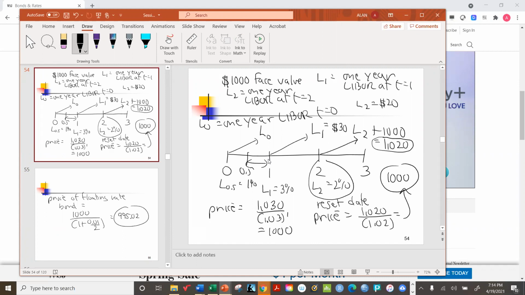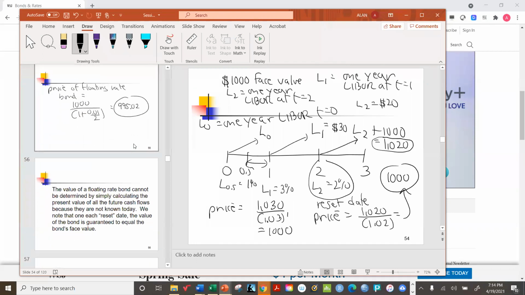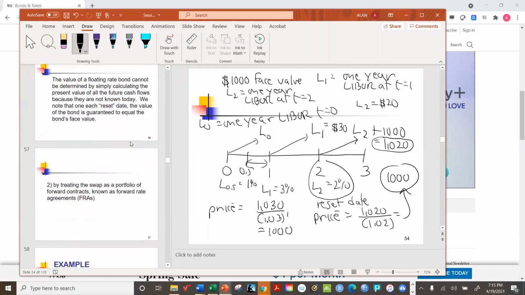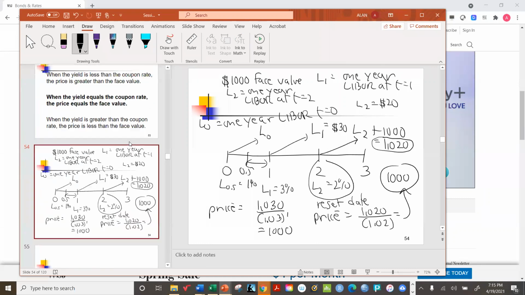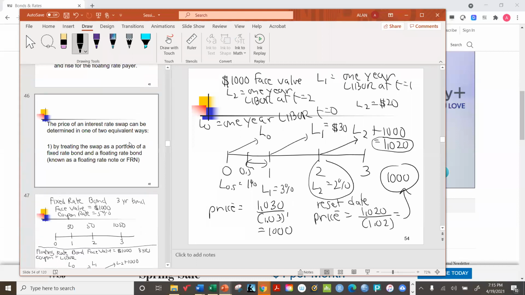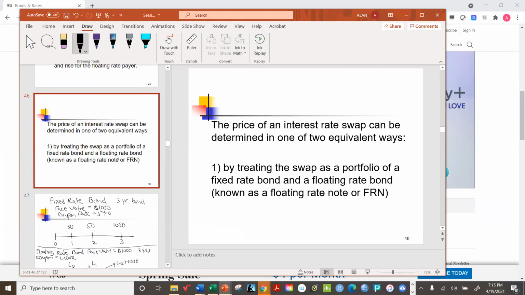And so from today's perspective, we need to calculate its present value with the currently observed LIBOR rates. Oh, and by the way, this is still approach number 1, where we're trying to treat our swap as a portfolio of a fixed rate bond and a floating rate bond.